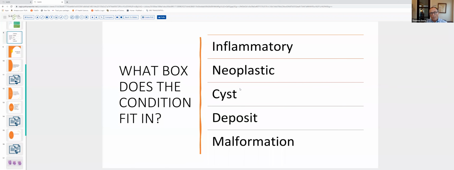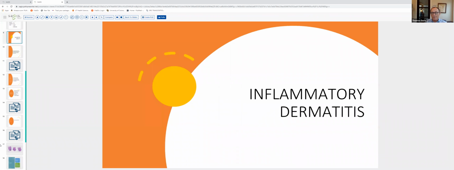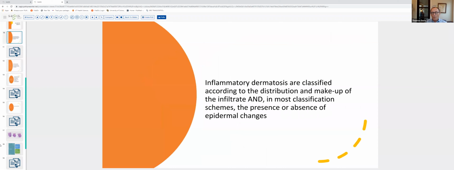We're going to spend the remainder of our time looking at paired conditions which illustrate each one of these classes of skin disease. We're going to start out with inflammatory dermatitis. As a rule, inflammatory dermatoses in the skin are classified according to, and this is common sense, the distribution and makeup of the infiltrate.